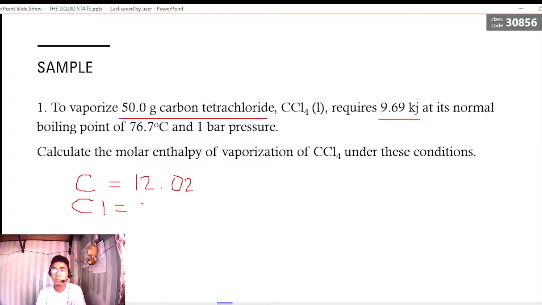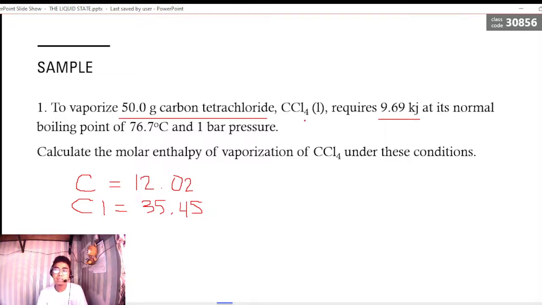For the chlorine, we have 35.45 if not mistaken. If you look up the molar mass of chlorine on the internet, I think it is 35.45, but it depends on your periodic table.